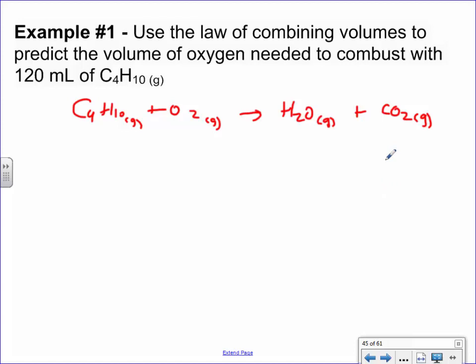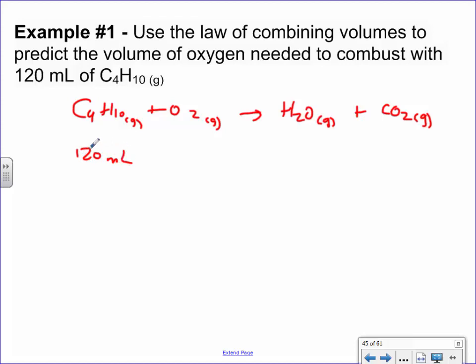Well, here's what Avogadro did in his experiments. He would have started with, say, 120 milliliters of C4H10. And over time, he realized that he could make a prediction about how much gas was always being produced. I'm going to tell you the answer first, and I'm going to work backwards and explain what Avogadro realized.